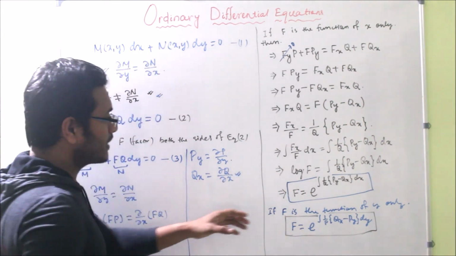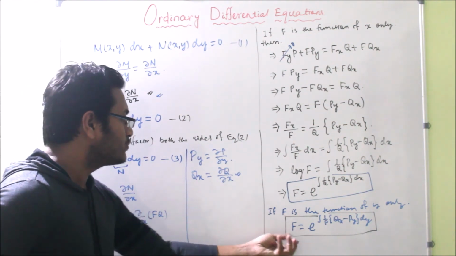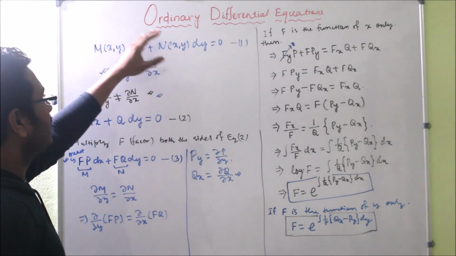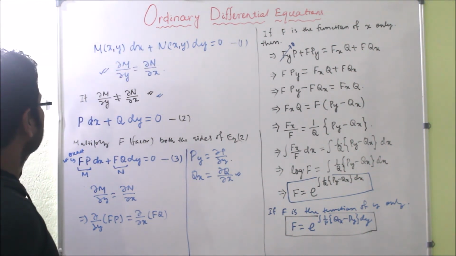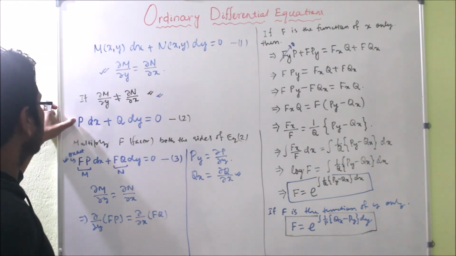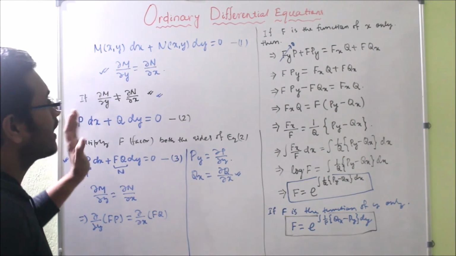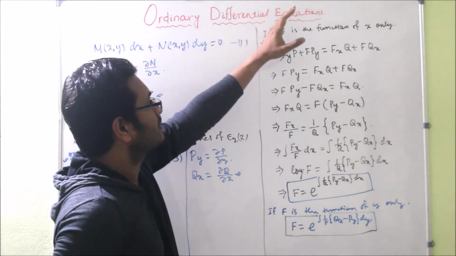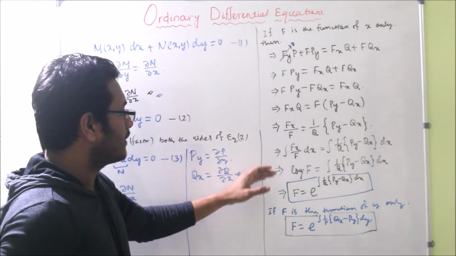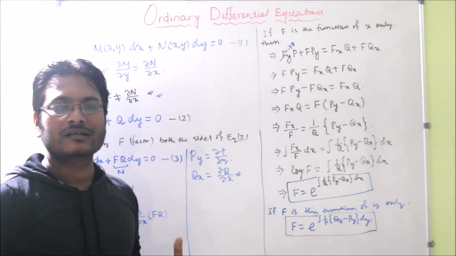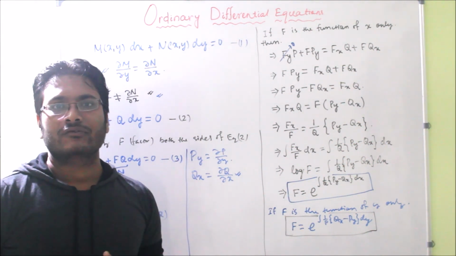So in this way we can get the factor f, which we multiply to equation 1 and make it exact. So we have taken equation 2 as non-exact, and we can make it exact. Either we can take f as a function of x or f as a function of y. As the problem demands, we will take those types of factors.